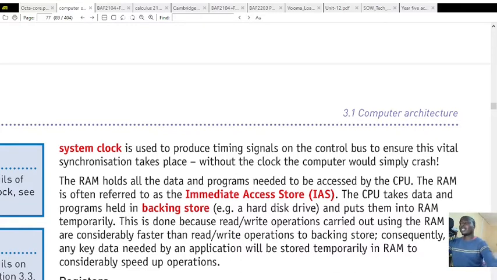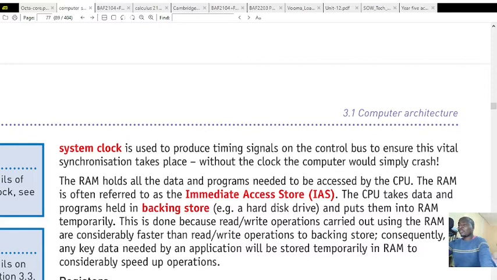Now we have the registers, which are considered memories within the processor, and these registers are fundamentally important in the sense that they make sure that the instructions, the memory location and the data are fetched and executed precisely and in a manner that is consistent with the speed of the processor.